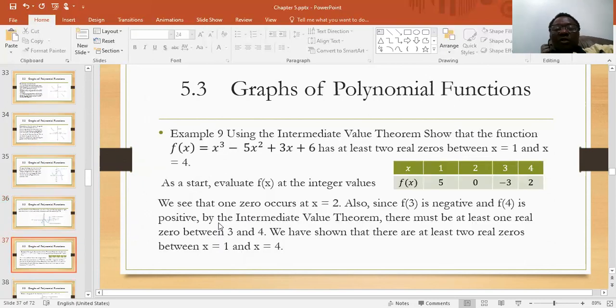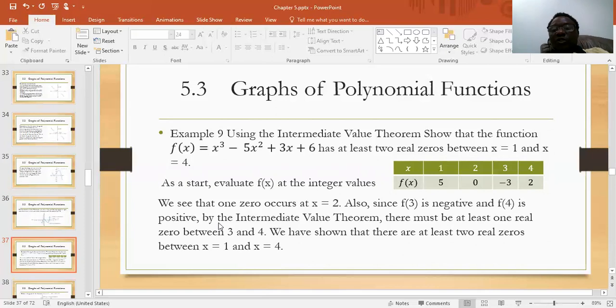So consider the polynomial f of x equals x cubed minus 5x squared plus 3x plus 6, and we identify some of the points 1, 2, 3, 4 with their images. We can observe that there is a zero at x equals 2, and at least 2 real zeros between 1 and 4.